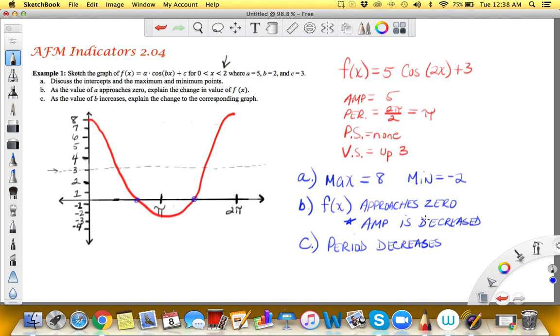Once again, in part B, as A approaches 0, basically the amplitude decreases, and in part C, as B increases, then the period decreases. So that's important. It'll make a difference in the change of the graph. And that's it for example 1 on the AFM indicators.